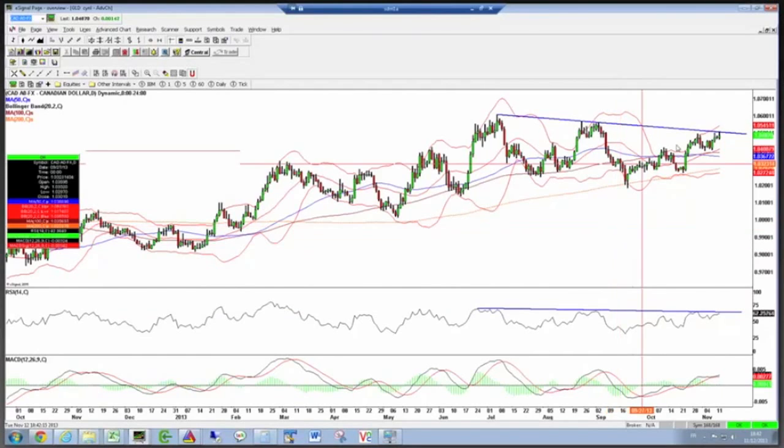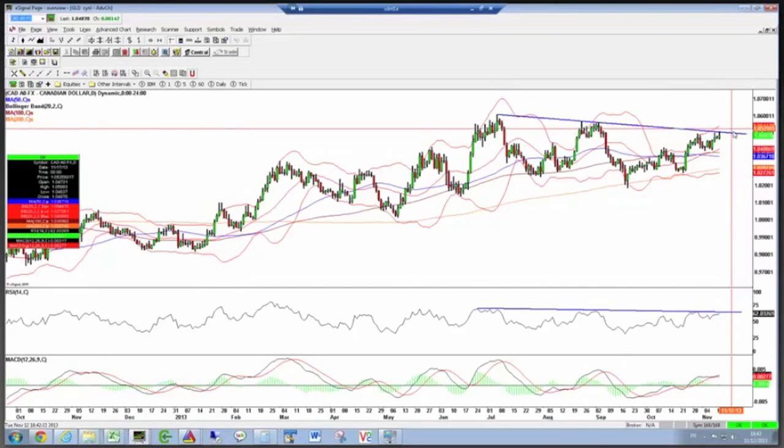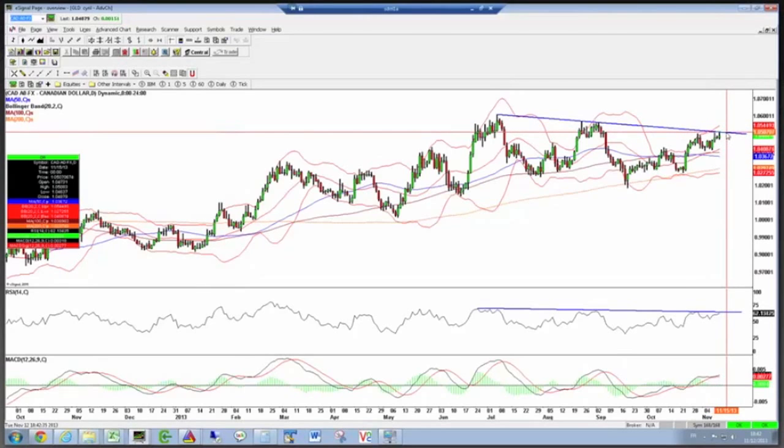So in that case, if you want to enter a short position, you can, but you have to put a very close stop loss, I mean a stop loss just above the declining trend line, which is coming around 105.15. But regarding technical analysis, you don't have sufficient argument to enter a short position.